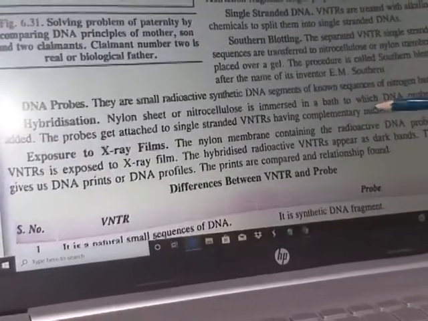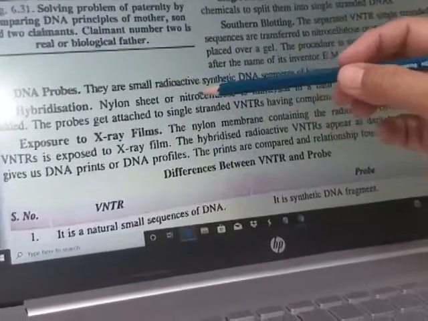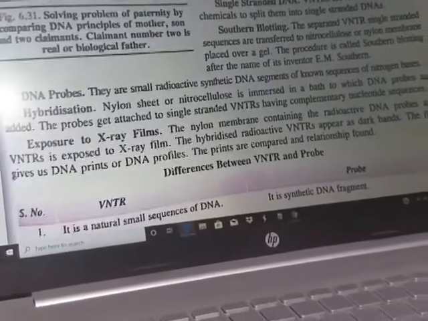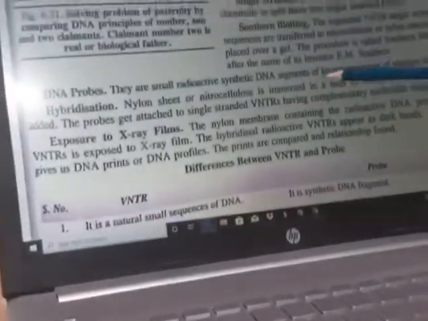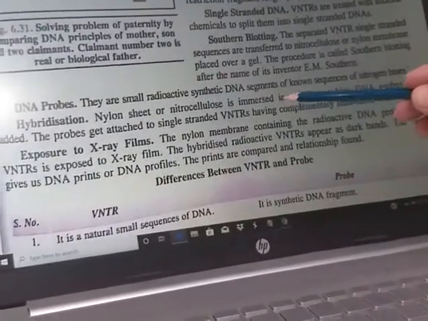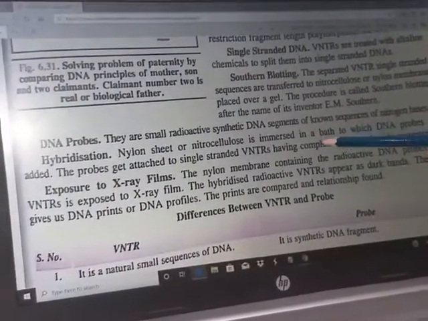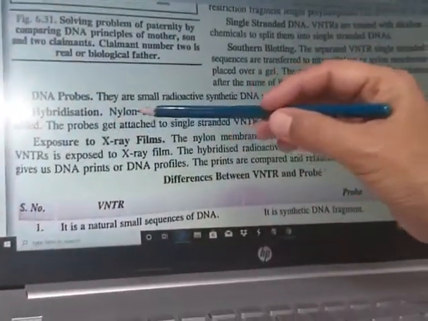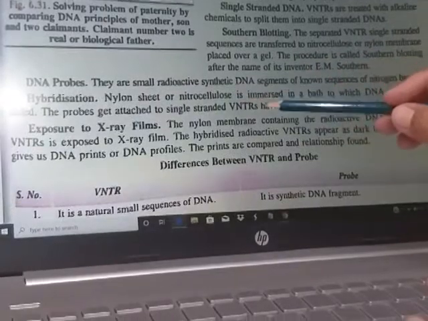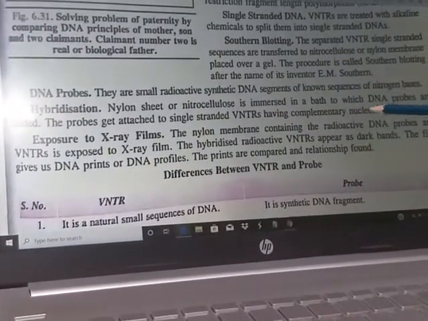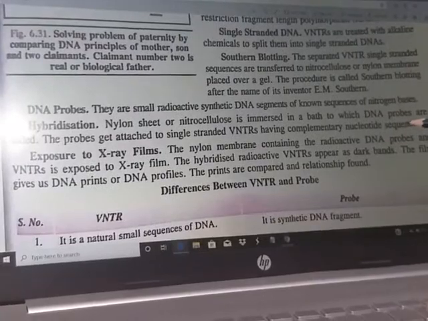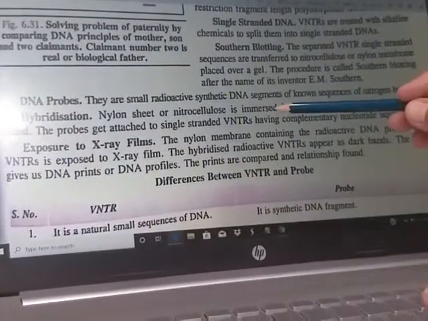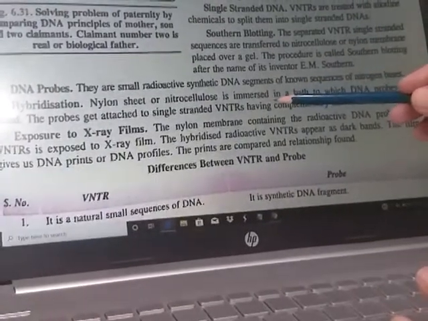What do we do next? Hybridization. The nylon sheet or nitrocellulose is immersed in a bath to which DNA probes are added. Now we are adding DNA probes to the sheet where we already had fragments. What will happen? The probes get attached to single stranded VNTRs having complementary nucleotide sequences. All the synthetic VNTRs will not hybridize.